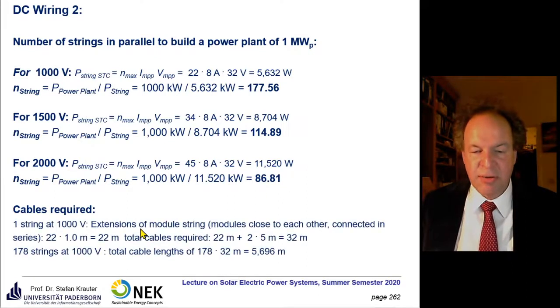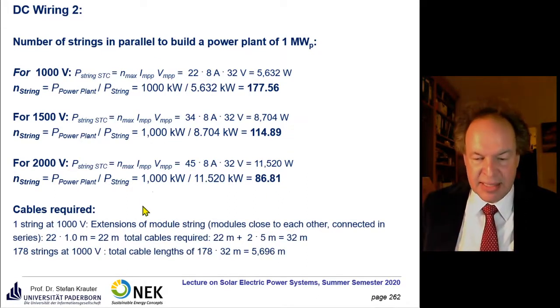So the cables required for one string at 1000 volts, we calculated already, 32 meters. Then we have to multiply it times 178, because this is our number of strings, and so we need about 5.7 kilometers of cables.